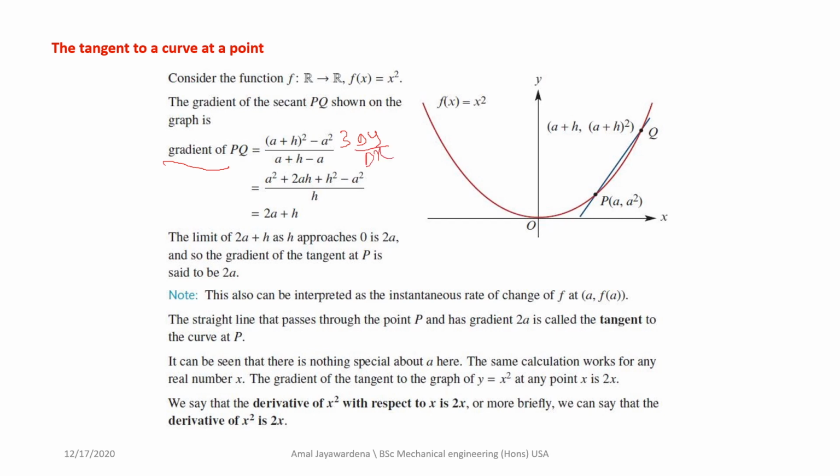So let's see. At Q, the y coordinate, let me get a different color. Let's say blue. The y coordinate of Q is going to be (a plus h) squared. So this is (a plus h) squared, right?